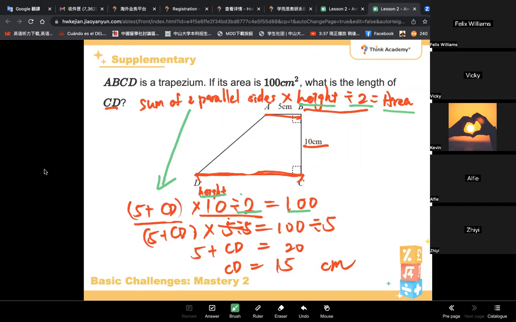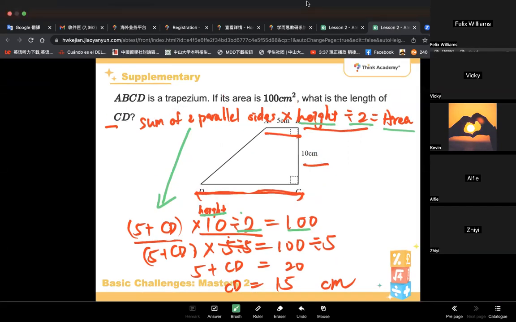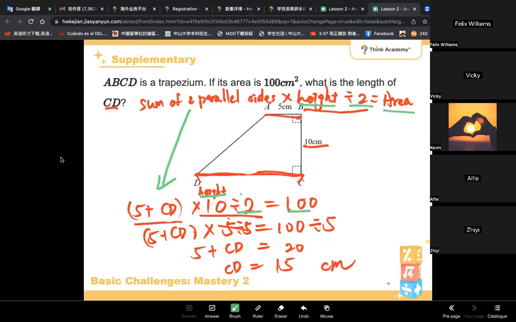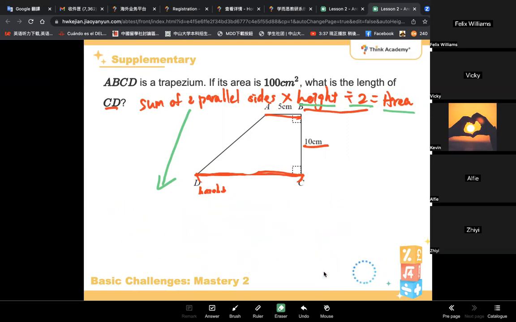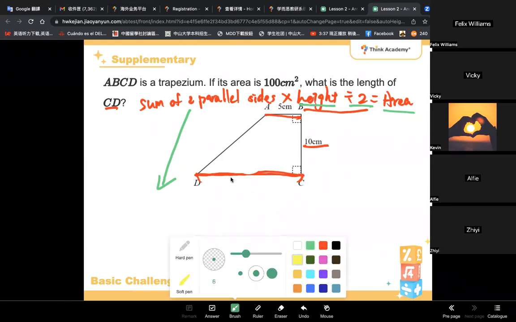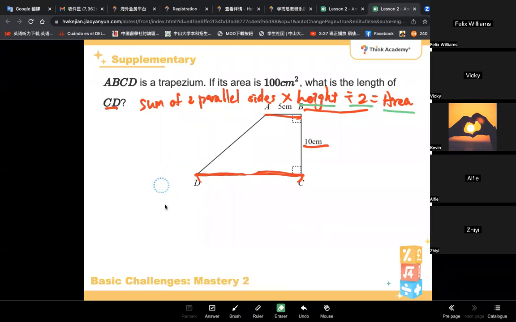Anyone else? In case you don't know how to do this, we can use the number machine. First of all, we know we need to sum the two parallel sides, right?